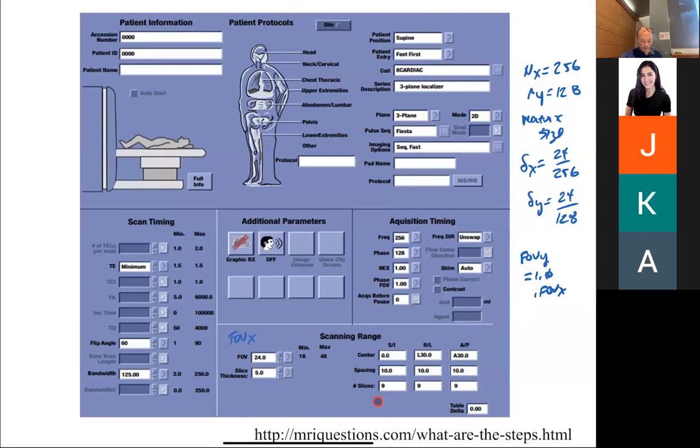And then from the field of view, they figure out what the sampling in K space is. So whatever the radiological technician enters gets translated behind the scenes using basically what we just talked about.